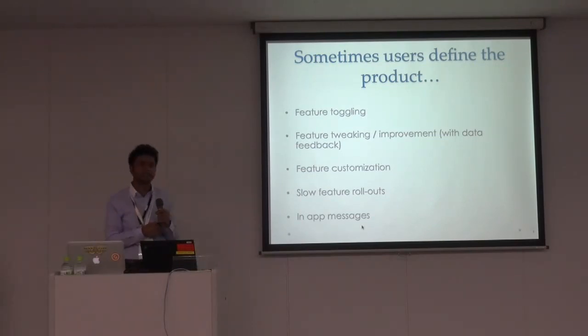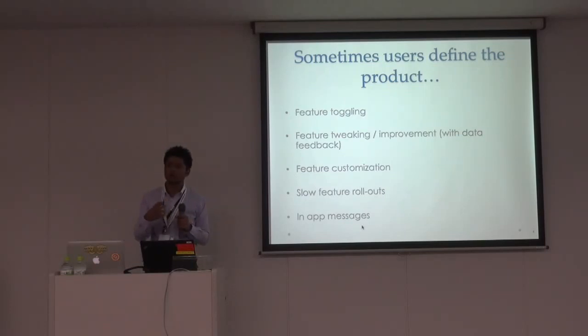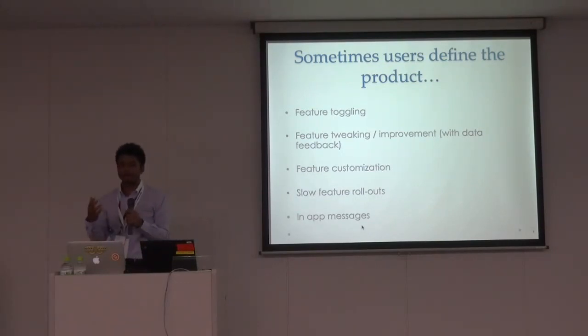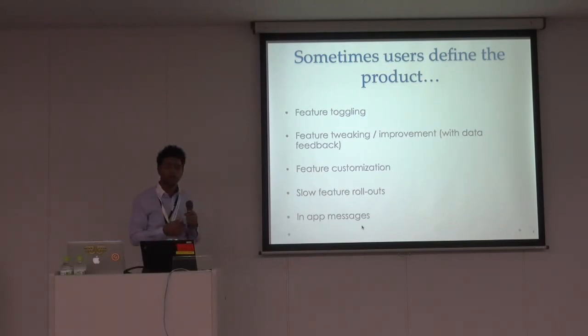Then feature customization: we show different base stream qualities of video based on the country you are in, because of general average network speeds in different countries. Then slow feature rollouts. We released the new recommendation system, but we only released it to a certain percentage of US users.